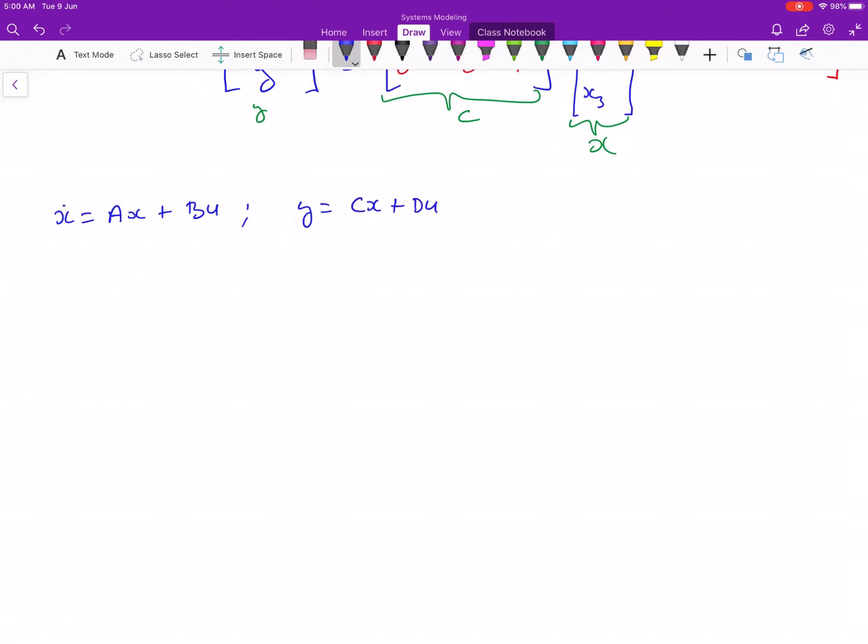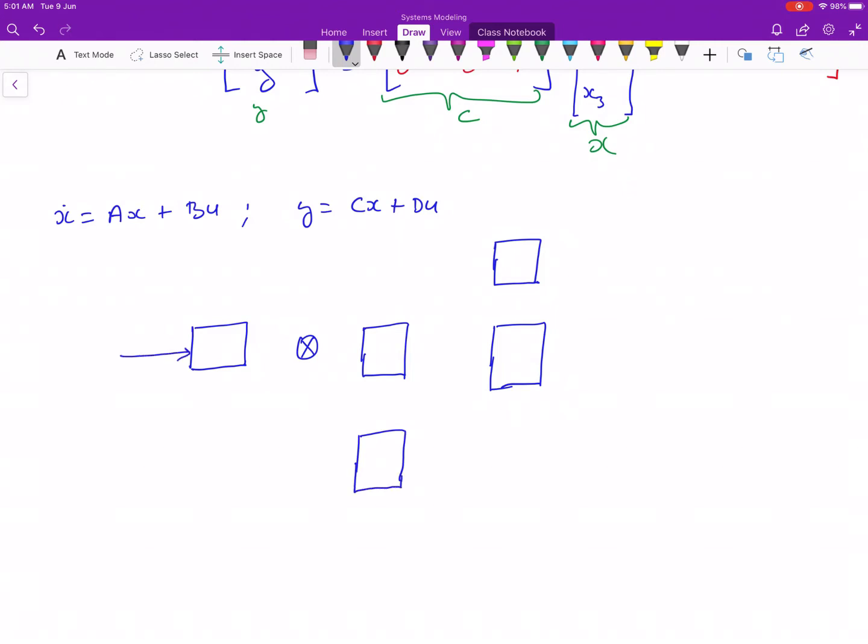And if you have to draw this in Simulink, you are going to have a box there, a summation block, another box there, another box there, and another box there.